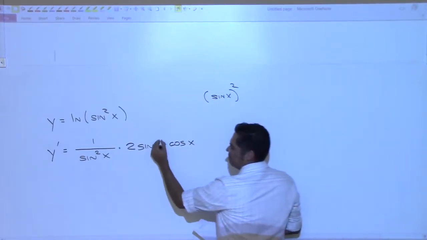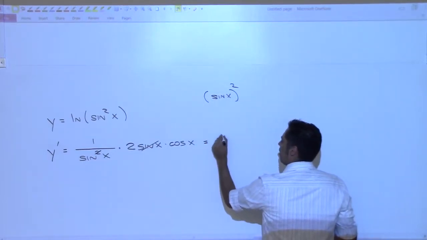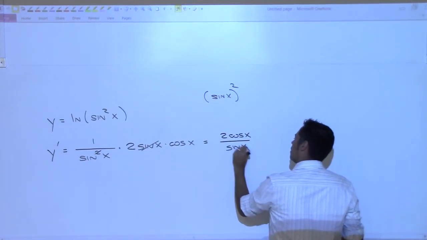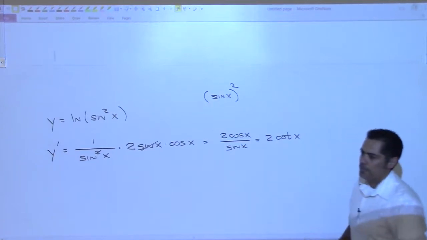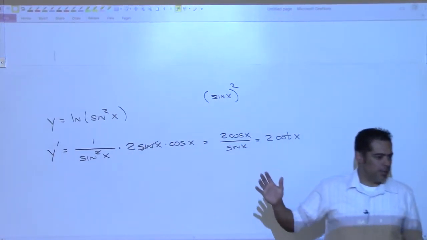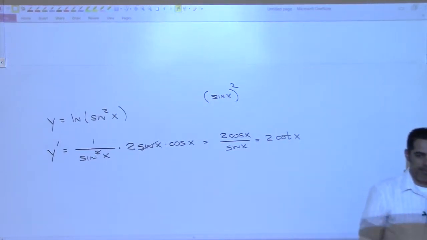You could then cancel a sine if you want, and then you could have 2 cosine x over sine x. But that's really just 2 cotangent x. I'm wanting to see this the most, especially if I'm only giving you a few minutes. But this is the cleaned up version of that.